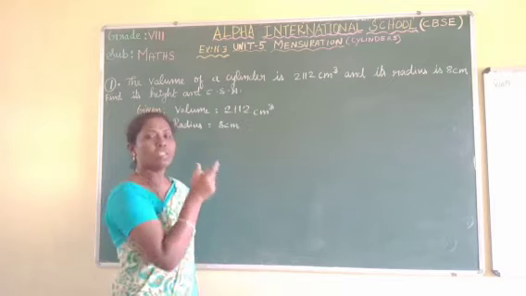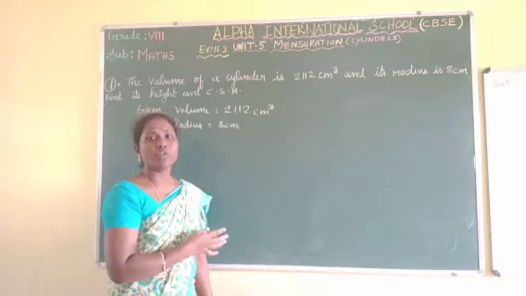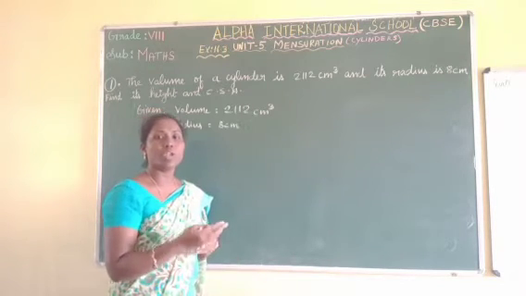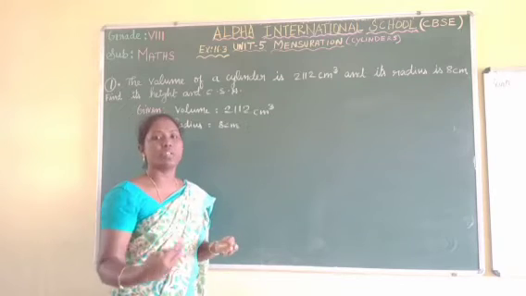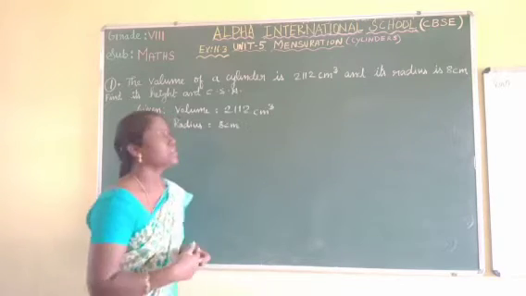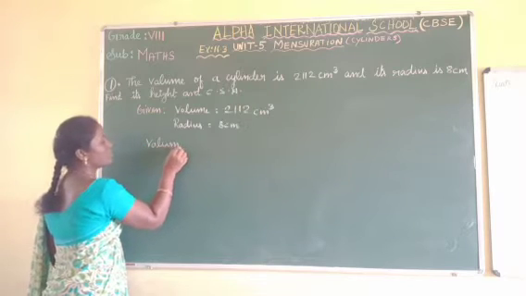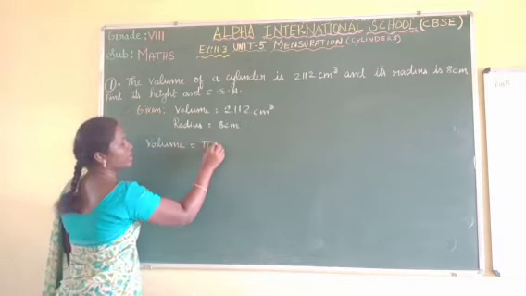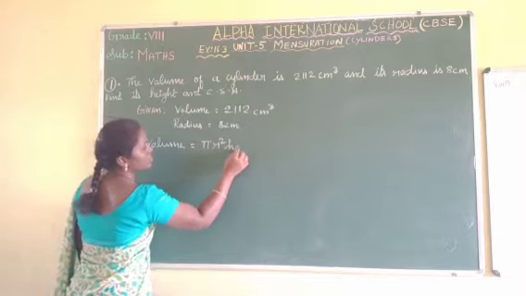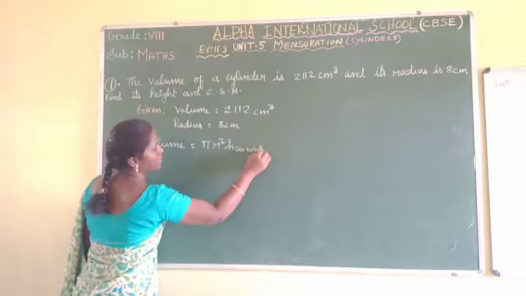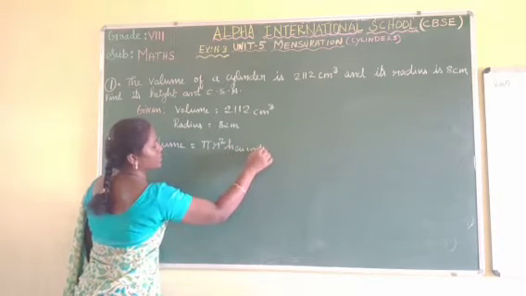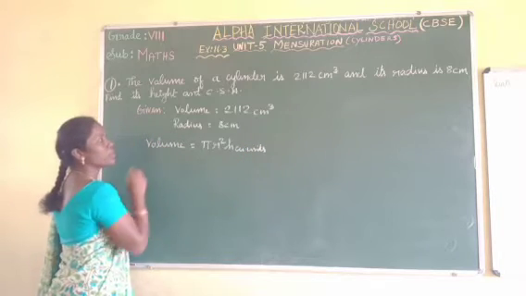Because here we know the value of volume, by substituting the radius we have to derive the value of height. Now take the volume. What is the volume of the cylinder formula? Pi r square h cubic units. Now what is volume given in the question?